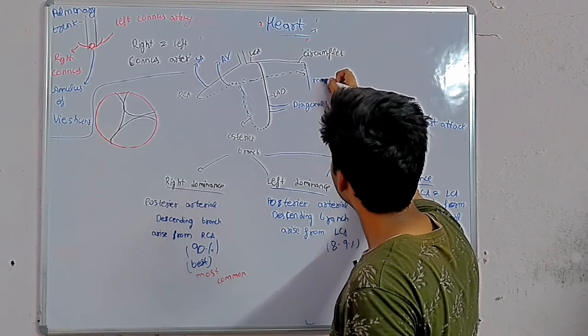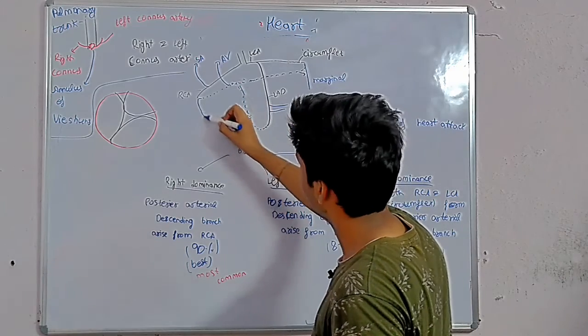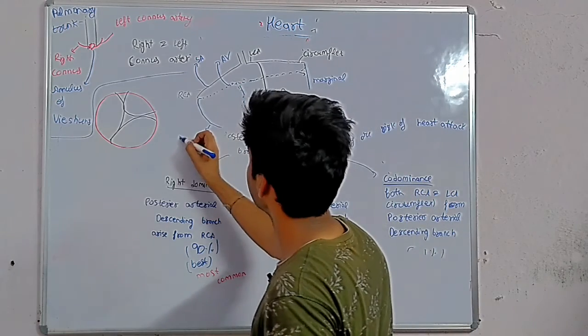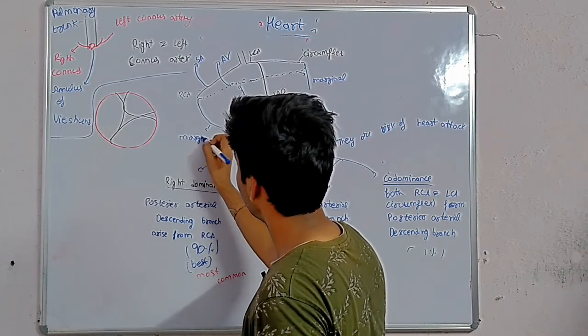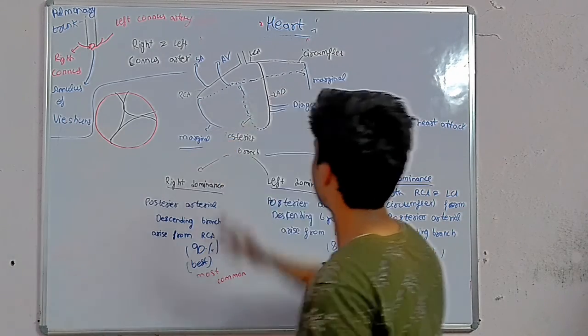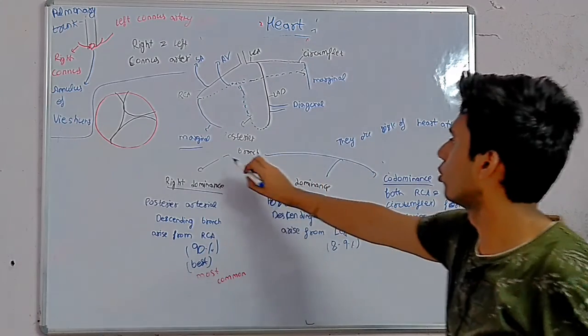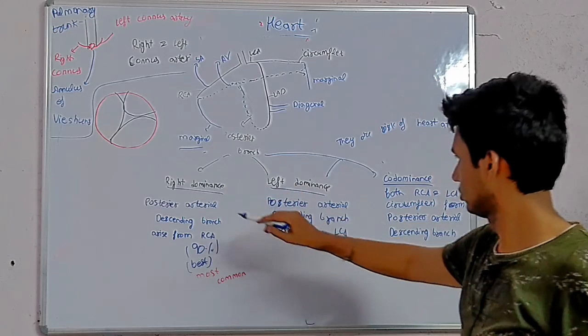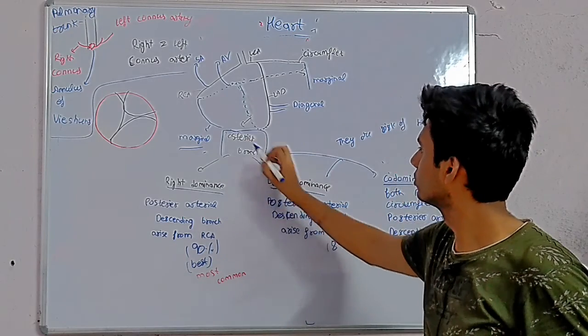Marginal, and from this another marginal, acute marginal, obtuse marginal. So this is the whole arterial coronary circulation. Note it down.